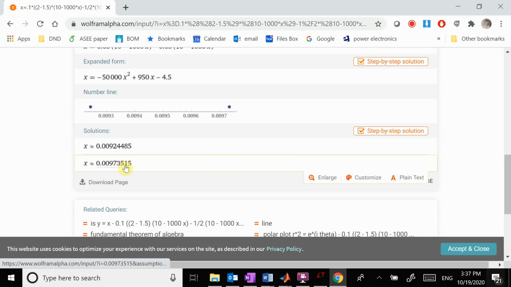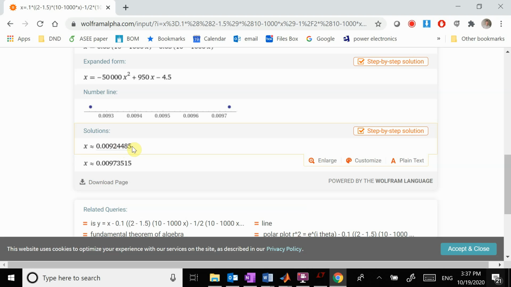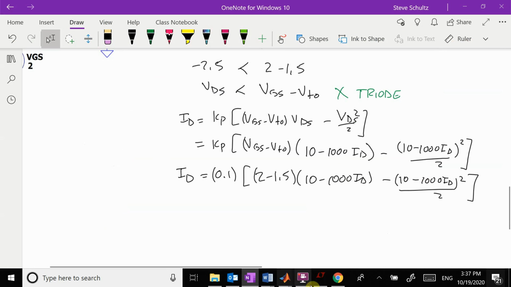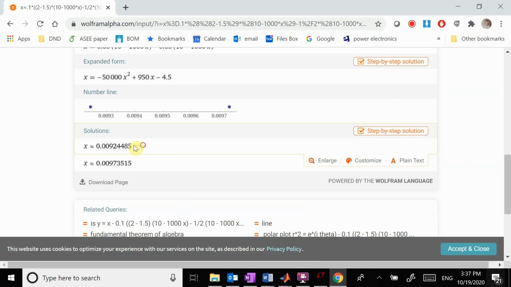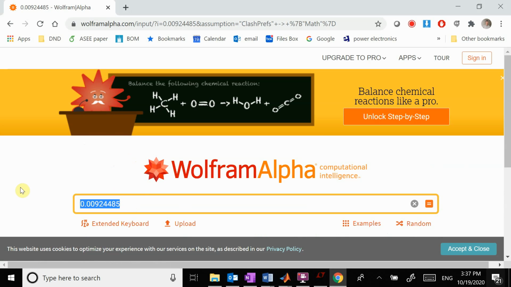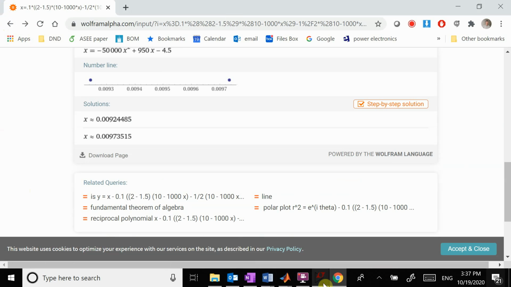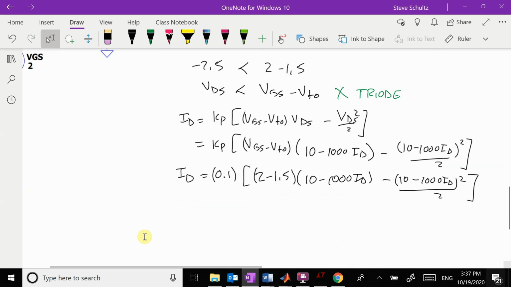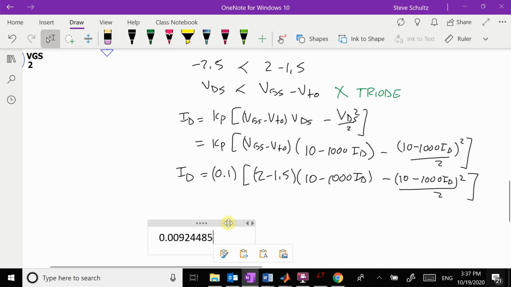So we come down here and we have two solutions. Well, what are our two solutions going to be? So let's start with this one as my current. So that's 9.92 milliamps. So let's go back here. Okay, so that's my ID.